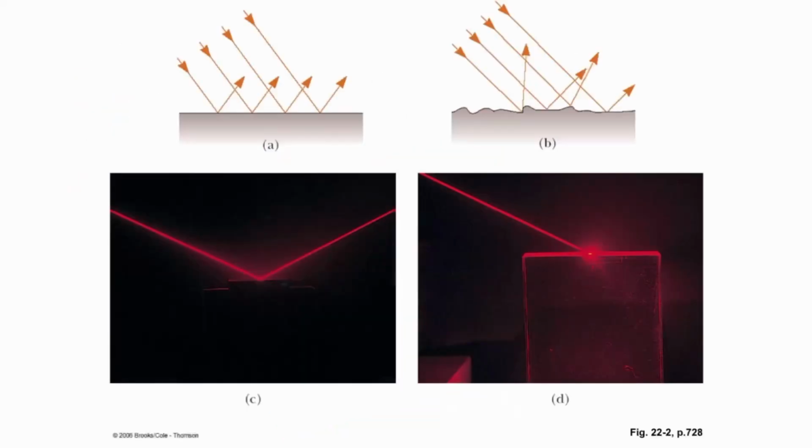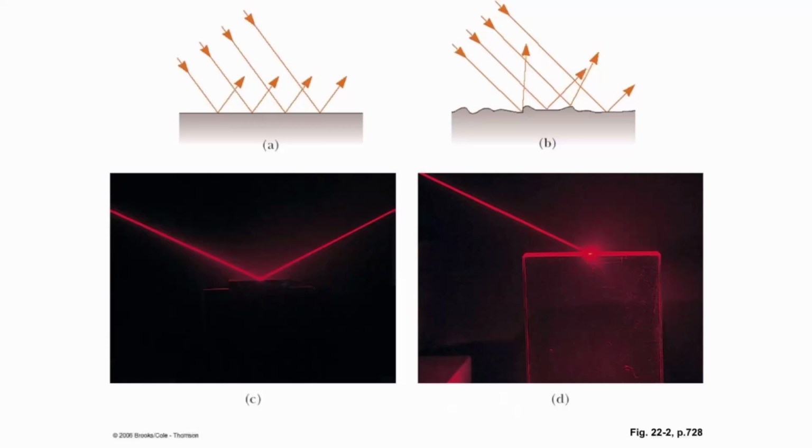Now, there are nuances and some differences in the kinds of reflection you can have off of a surface. Let's see if I can remember the names for these. This is specular and diffuse. So here on the left is a specular reflection. Do you notice how the reflection comes in and there's a nice strong reflection coming off of that surface? Whereas over here we are getting reflection, but it's diffuse reflection.